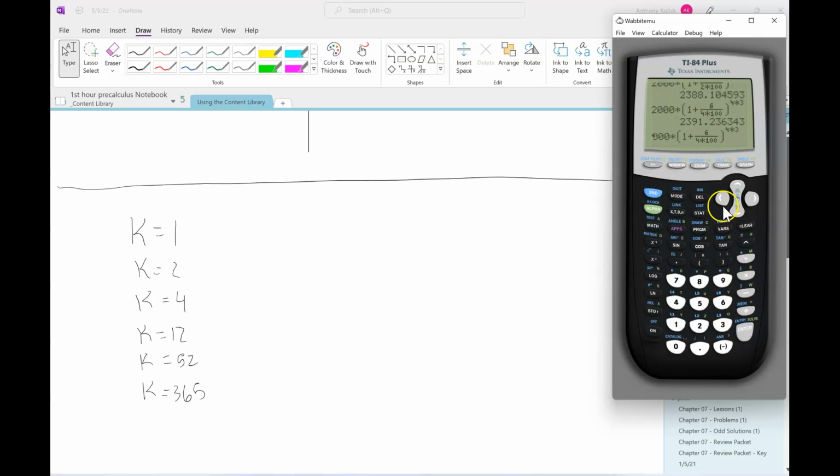All right, well, let's change that out to 12. Do you think this is going to make a big difference? So what do we pick up here? $2. Still a lot more than it was with 1 compound, right?